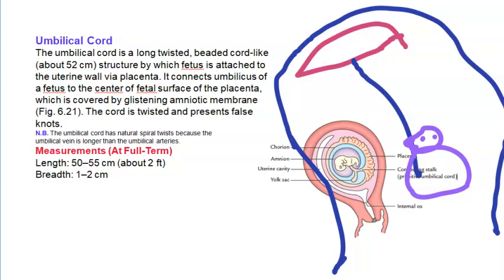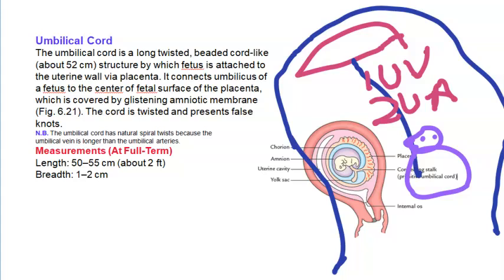What does it have? It is having 1 umbilical vein and 2 umbilical arteries, correct? So it has 1 umbilical vein and 2 umbilical arteries in the cross section if you see. So what does this umbilical vein do?